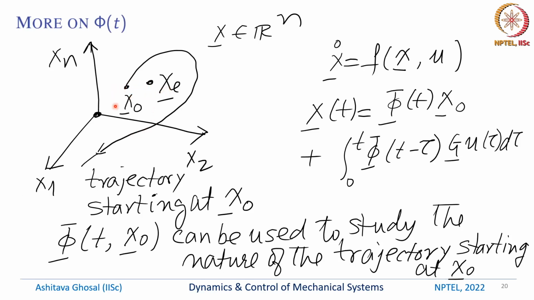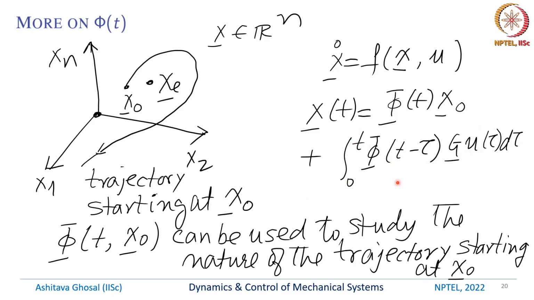If you start from a point x of 0 initially, which is maybe near to this equilibrium point, then the trajectory of x is governed by this differential equation, x dot is f of x comma u. The solution to this differential equation, x of t, is the state transition matrix phi of t into x0, plus this integral from 0 to t of phi of t minus tau, g, u of tau, d tau.